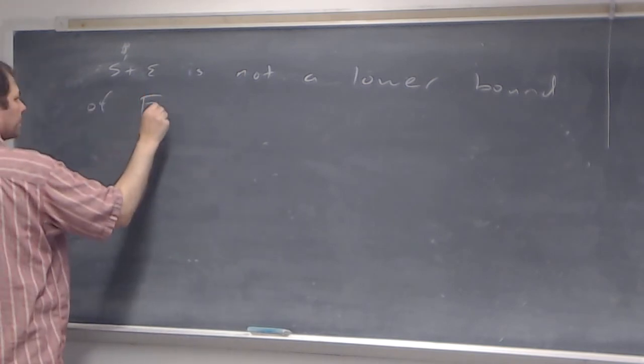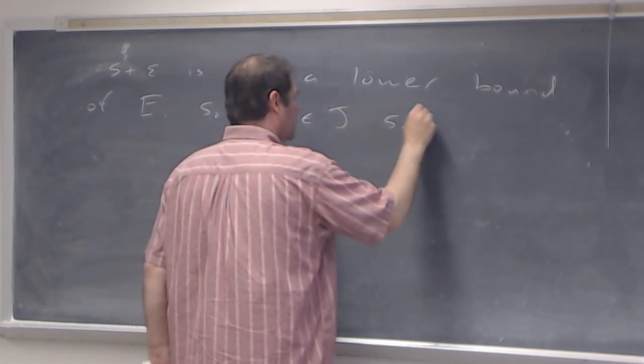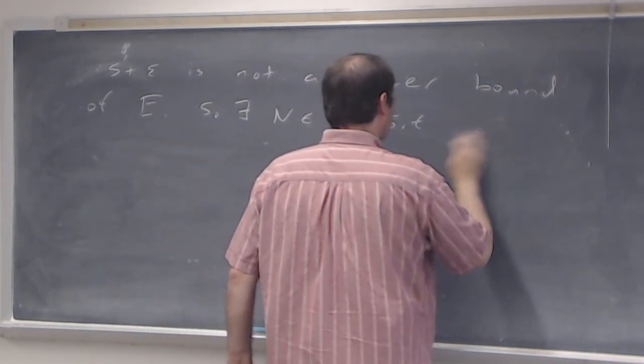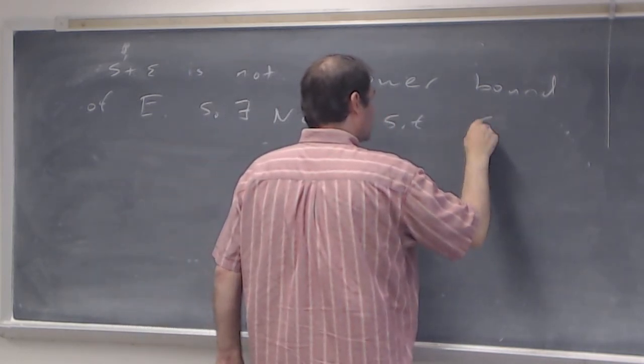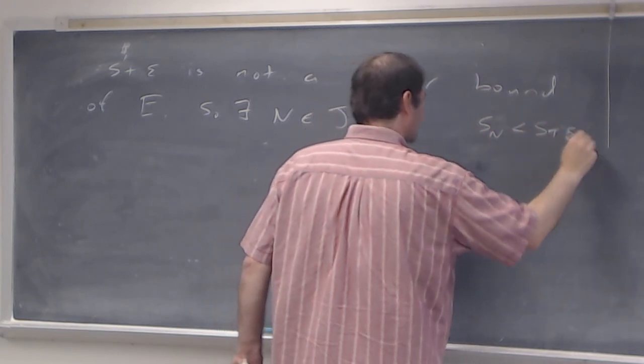of E. So there exists an N, an element of the natural numbers, such that S of N will be less than S prime plus epsilon.